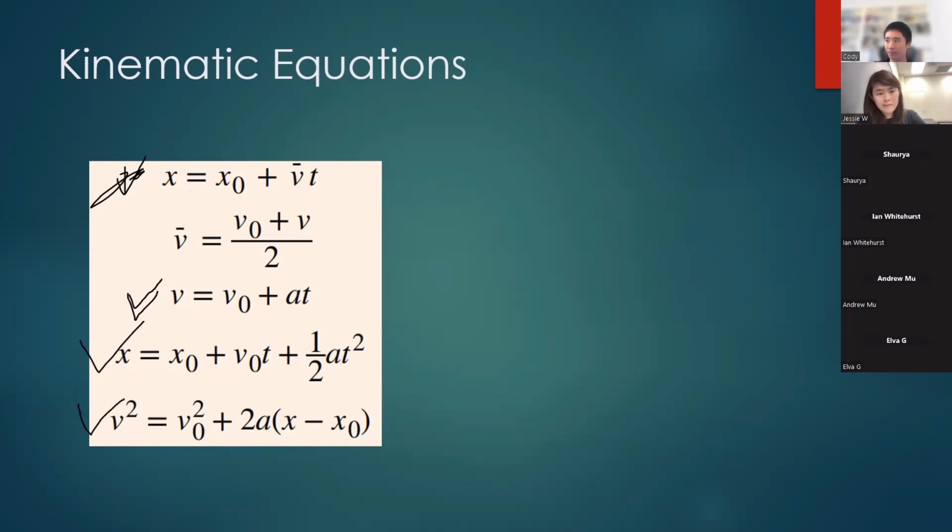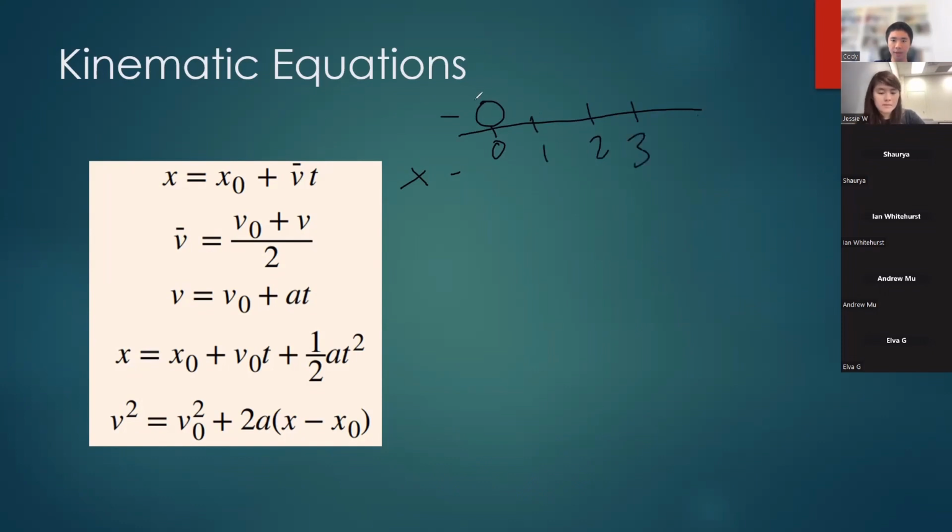So basically, this one is x equals x0 plus vt. That's basically finding the position, right? You want to find the position of an object after some time. Say we have an object right here at position 0, and then 1, 2.